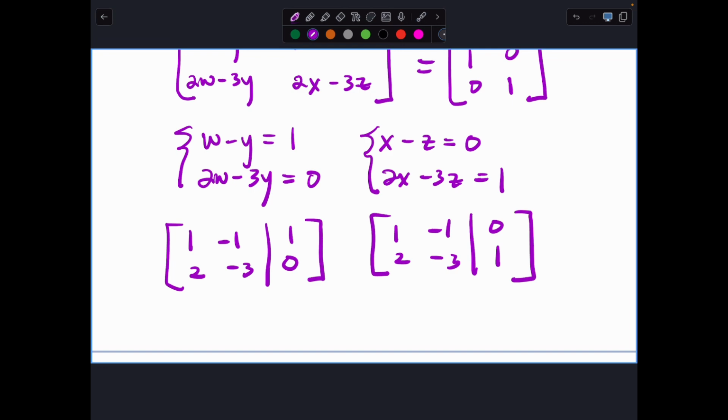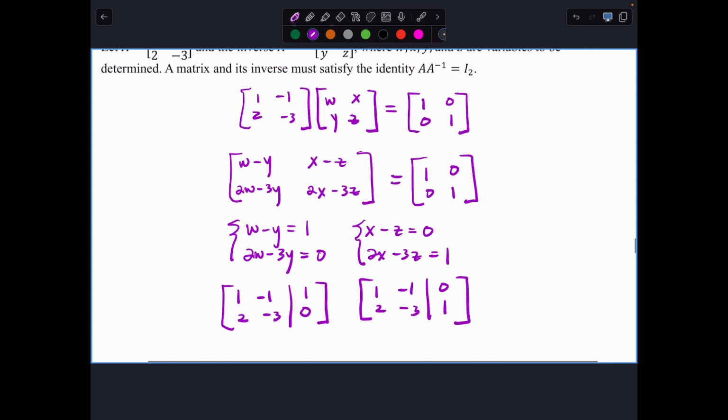And aren't these the same coefficients that we started with?